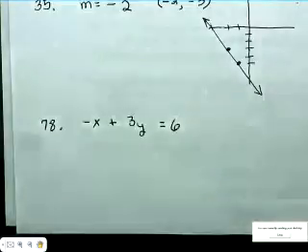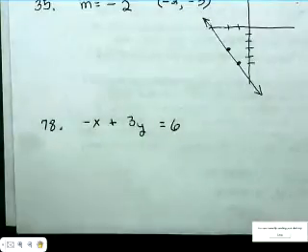On the test, I don't care what graphing method you use. If you want to make a table for every line you graph, that's fine. It'll take you longer and you may not finish the test, but you'll get the problems you get done correct. If the y is by itself, the faster way to graph is by using the slope and the y-intercept.